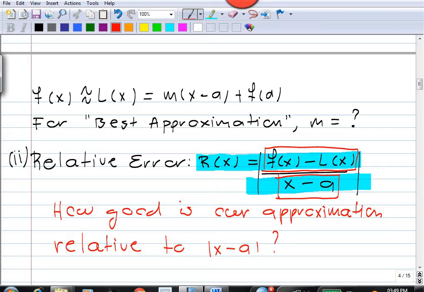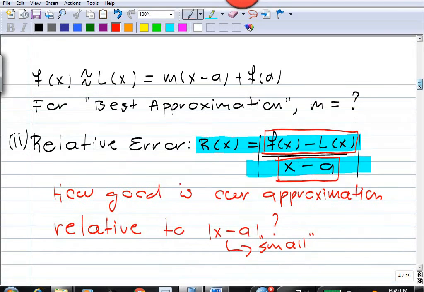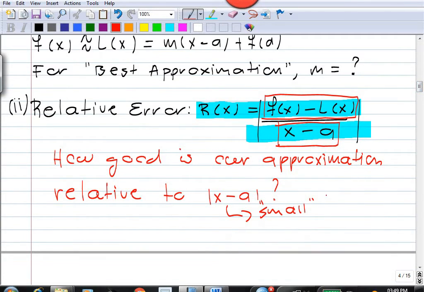If this is small, and likewise our relative error is small, that tells us that the approximation is good.